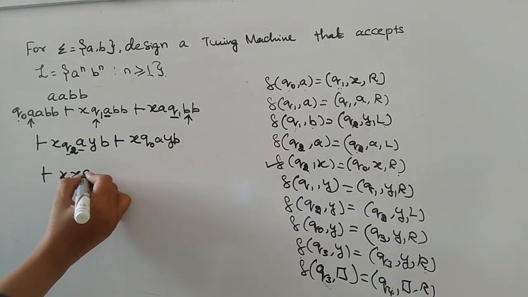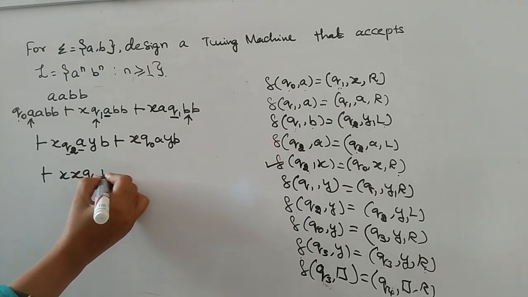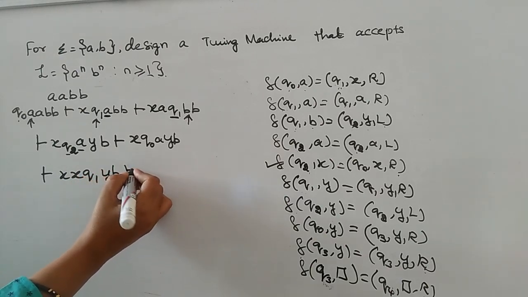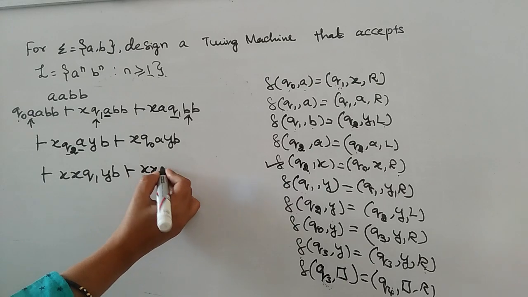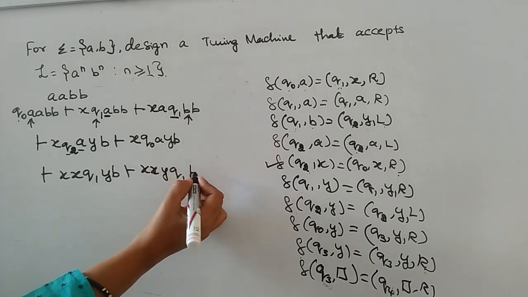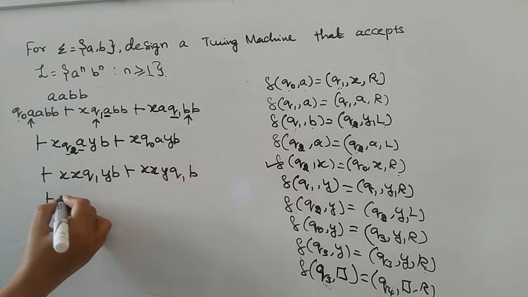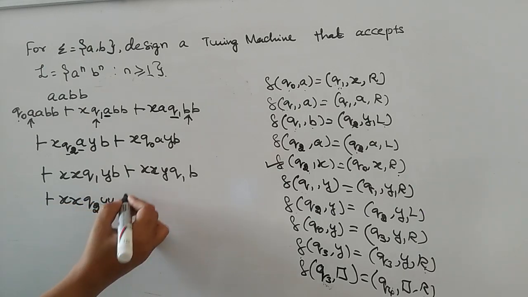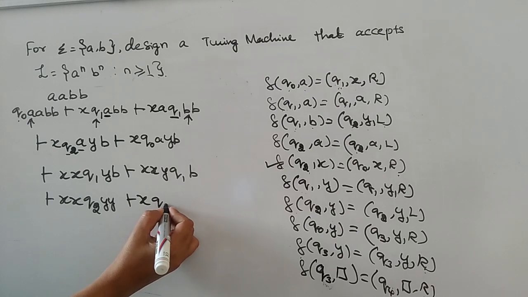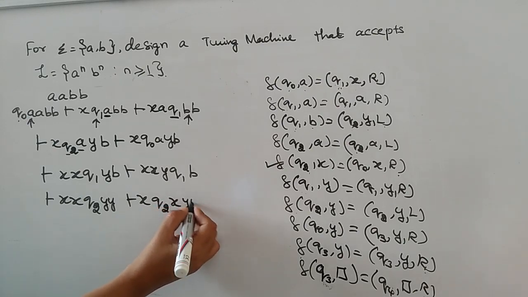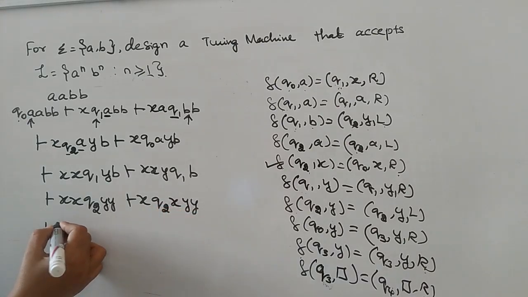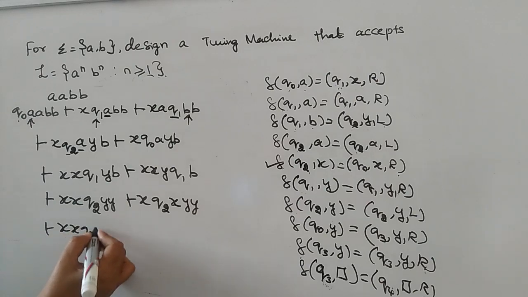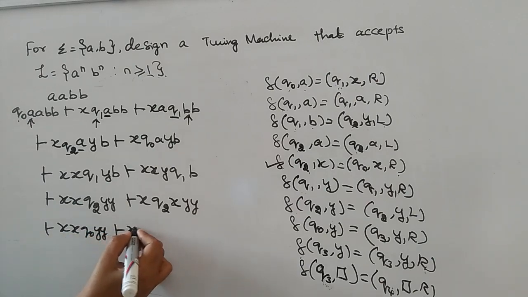So I am getting XX Q1 YB, and next I will get XXY Q1 B, and then I will get XX Q2 YY, then I will get X Q2 XYY, then I will get XX Q0 YY.